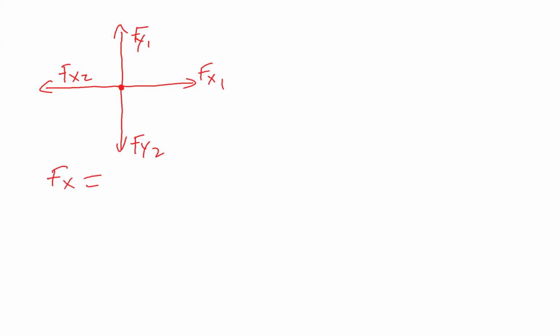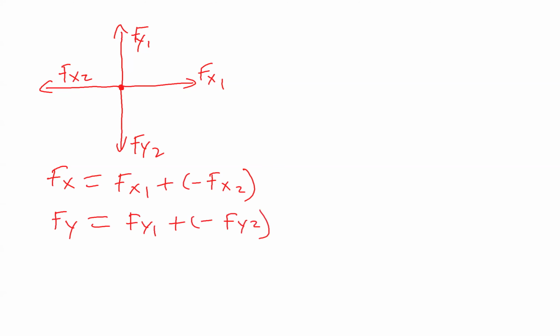Fx will be given by horizontal forces, that is Fx1 plus negative Fx2. And Fy will be given by Fy1 plus negative Fy2. So our resultant Fr is the root of Fx squared plus Fy squared. That is the resultant.